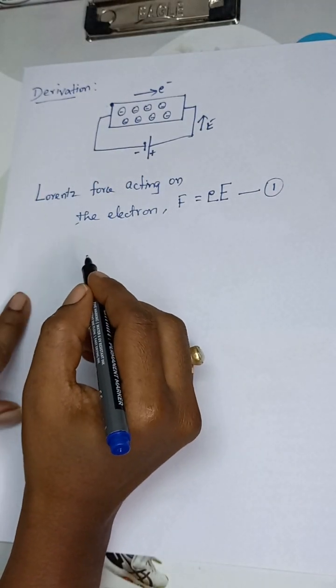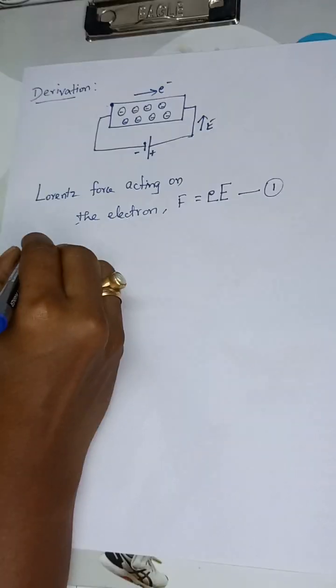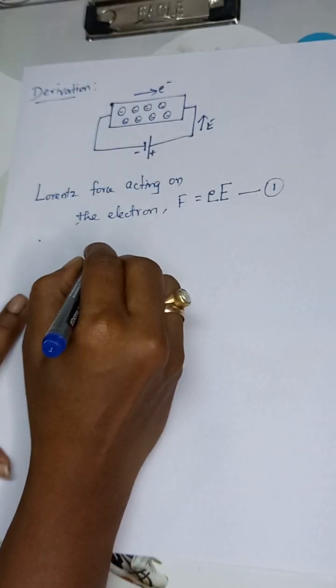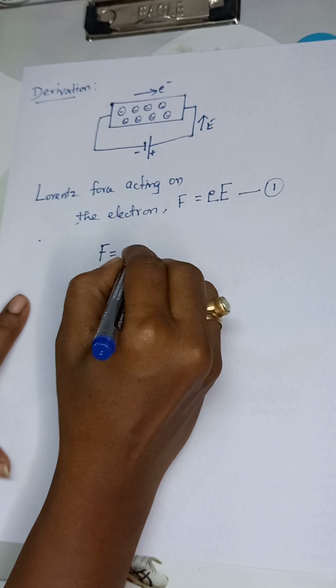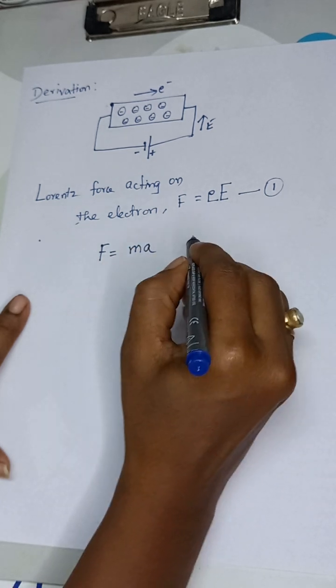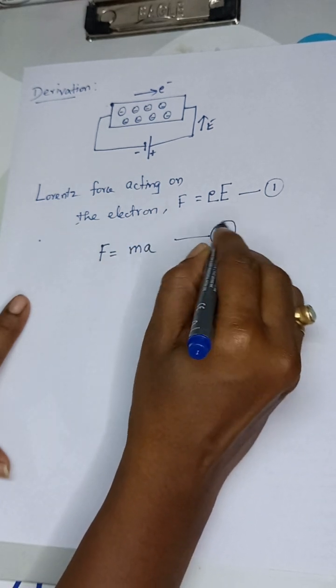And according to Newton's second law, the force F is written as mass into acceleration. Take it as equation 2.